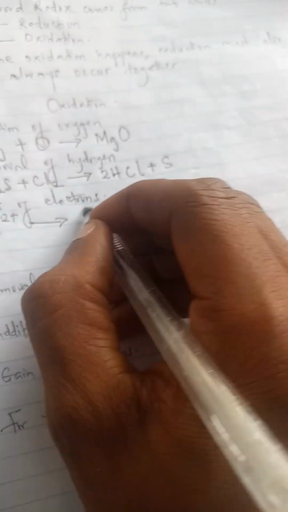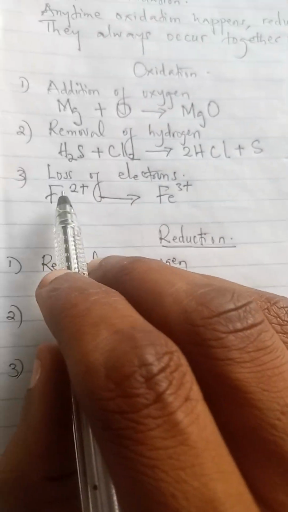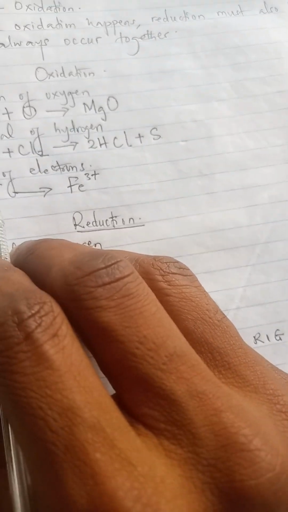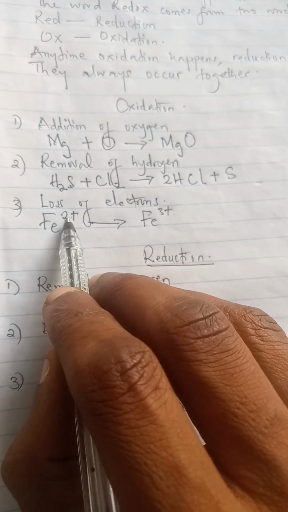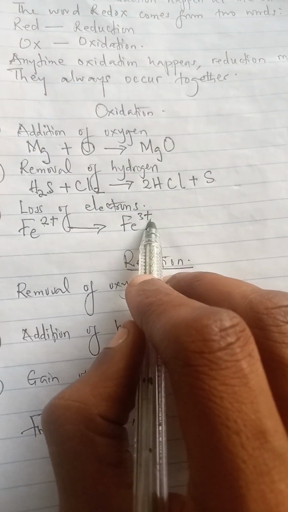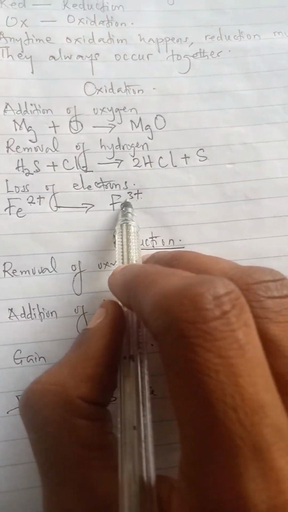If it becomes Fe3+, it shows that it has lost an electron. The one with 2 plus means it lost 2 electrons, then the one with plus 3 lost how many electrons? 3 electrons. So from Fe2+ to Fe3+, one electron has been lost. So it is also oxidation.